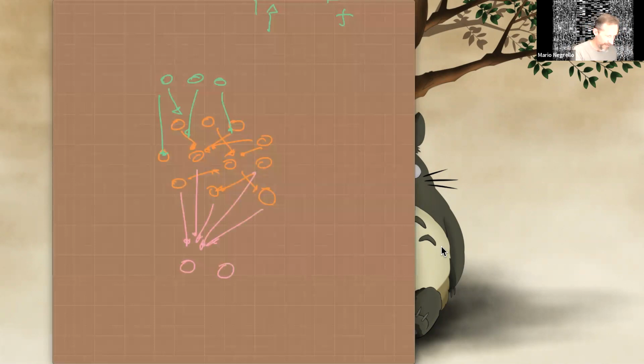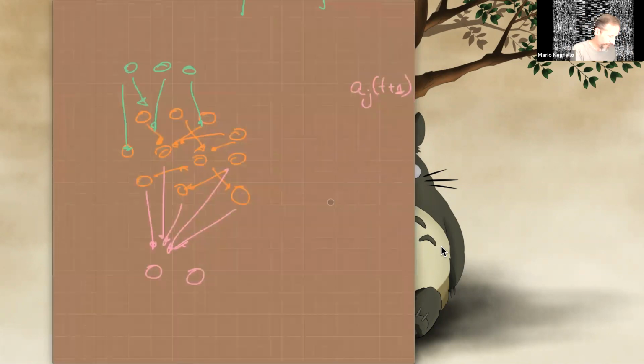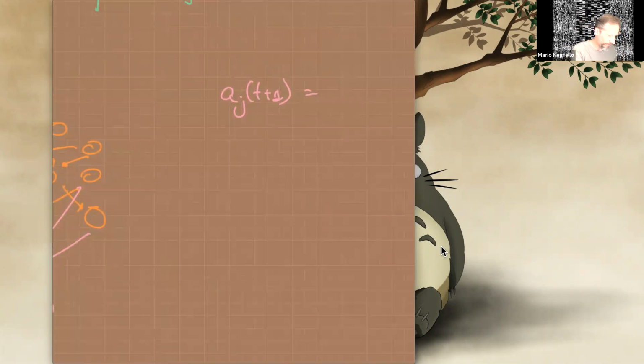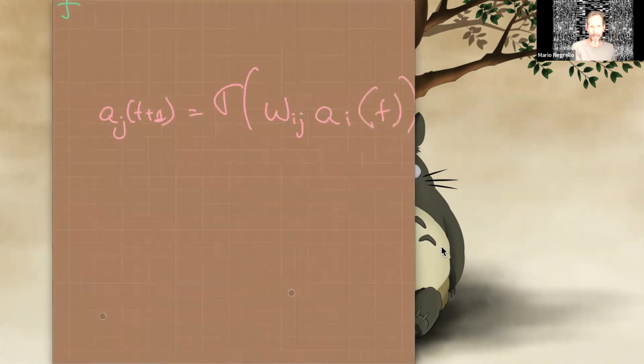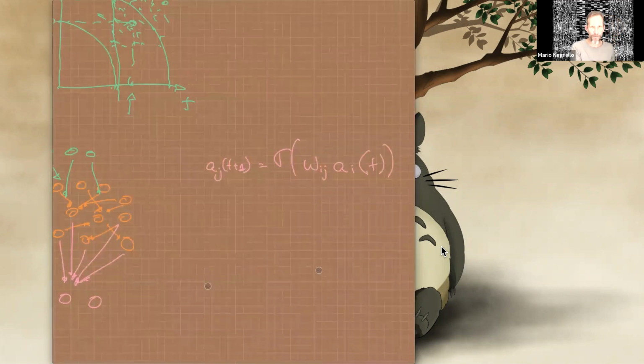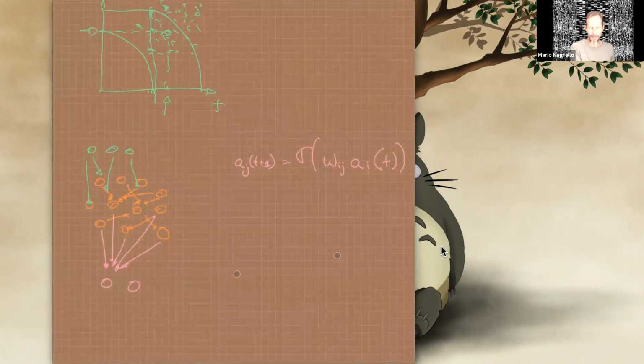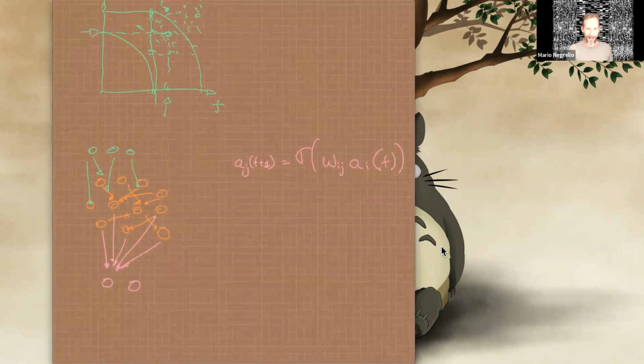So the activity of neuron j at time t plus 1 is the linear combination of the sigmoidal function of the weights that are projecting onto neuron j from neuron i times the activities of neurons i at time t. So all of the neurons here are doing like this. It's a discrete time recurrent neural network.